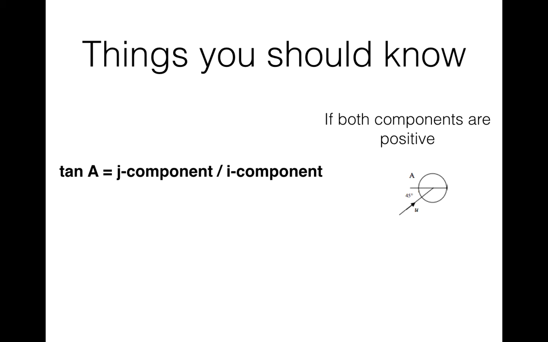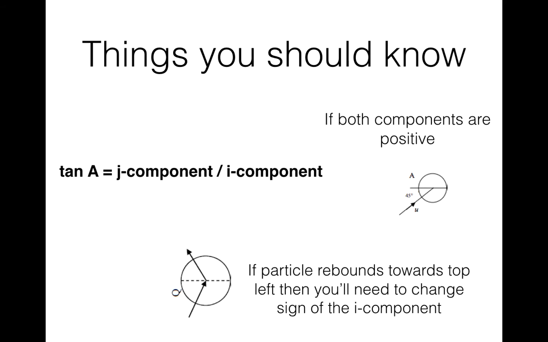Now, very important that we take positive values in all cases. So when the angle is like that, the I and the J components are positive, and you can just fill in the I and the J component and it works out. But if you're given something like this, looking at the top vector in that new diagram, the one going to the top left, you have a positive J and a negative I. So what I would do here is change the negative I to a positive I, just by swapping the sign, and then I can use tan of A is equal to J over that positive I component.